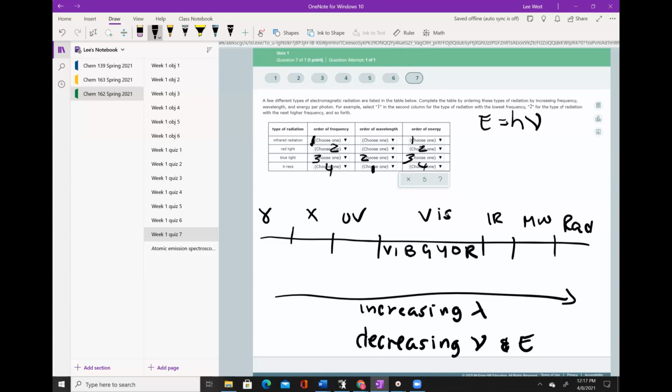No. Do we have red? Yes, we do. That's going to be number 3. And so there's only one left. Do we have infrared? Yes, we do. And so that's going to be number 4. All right. So by not trying to work backwards from the frequency to the wavelength, and instead actually working across the EM spectrum, that's a good way of avoiding making errors.